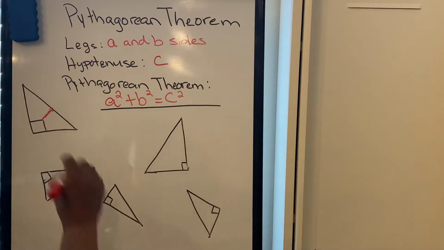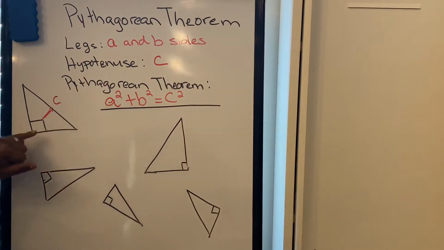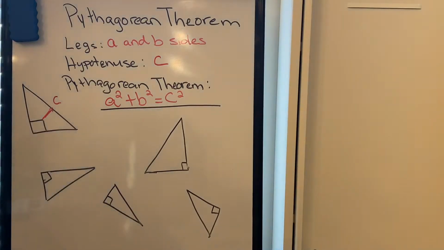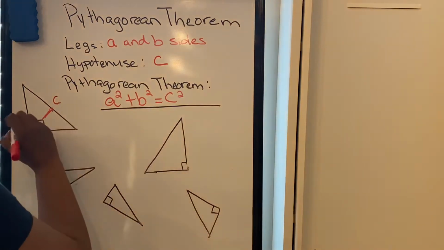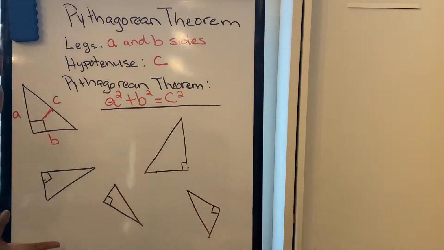So when I look at a triangle like this, I'm going to label whatever is directly across from my 90-degree angle. If you remember, this is a 90-degree angle. So whatever is across from my 90-degree angle, that is my C, which means this can be A and this can be B, or this can be A and this can be B. Doesn't really matter. You can interchange the sides.